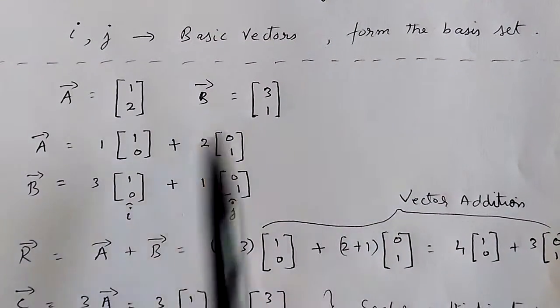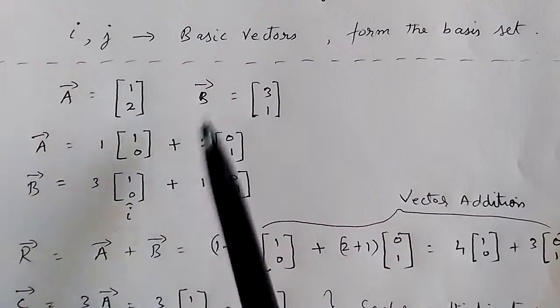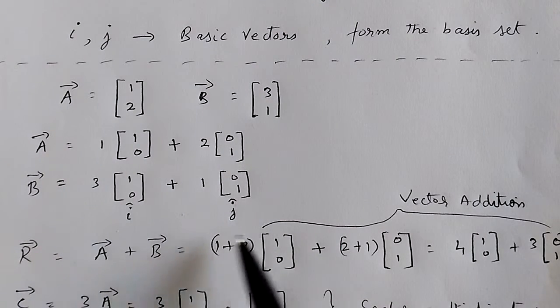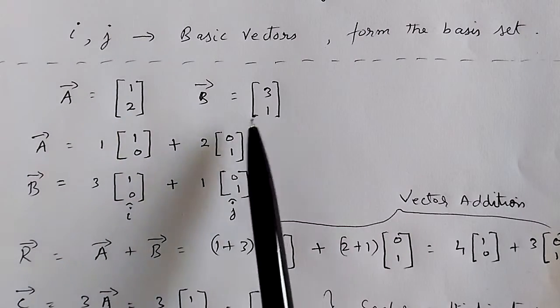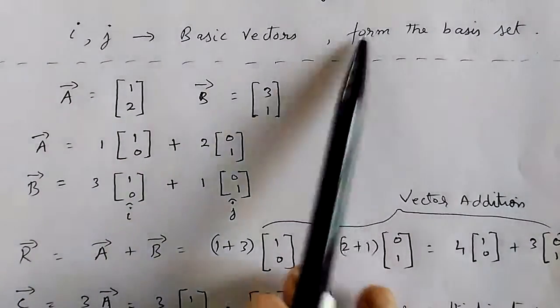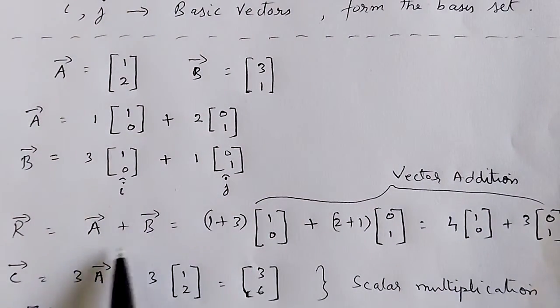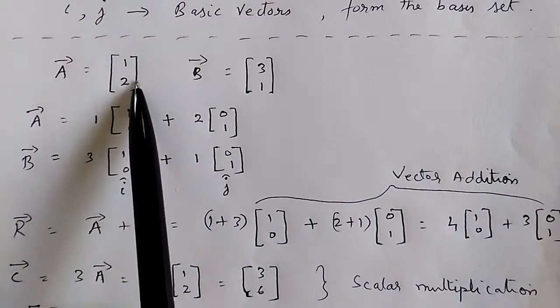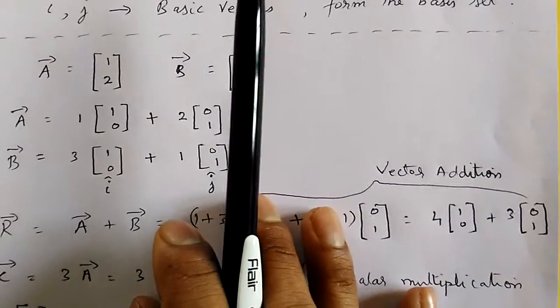When I add A plus B, if you know how to add matrices, you're only going to add this with this and this with this. So what you should finally get is 4 and 3. When you're adding them, you're actually just adding the respective components, that is 1 plus 3 and 2 plus 1. So it's exactly like vector addition.